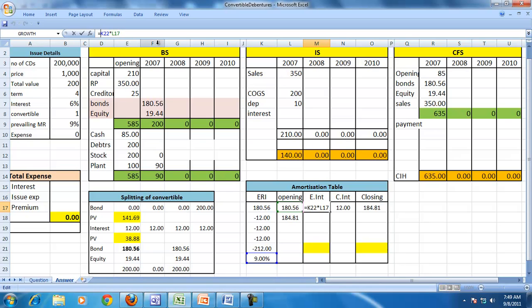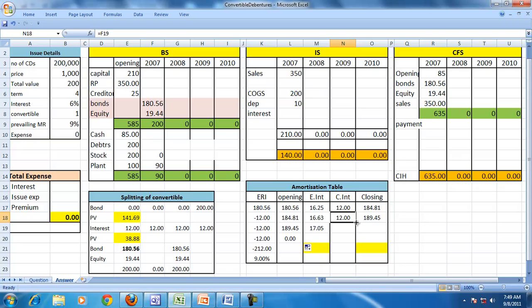Interest will be calculated at the effective rate, that is 9% here. I take that 9% as constant and pull it down. The actual interest paid is 12, so the closing balance once again goes up.